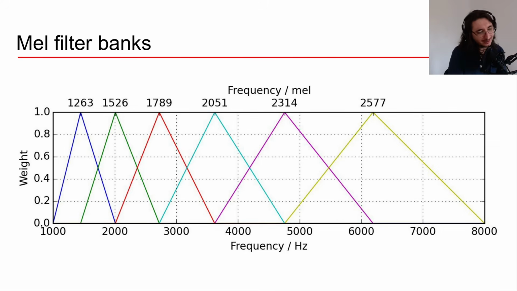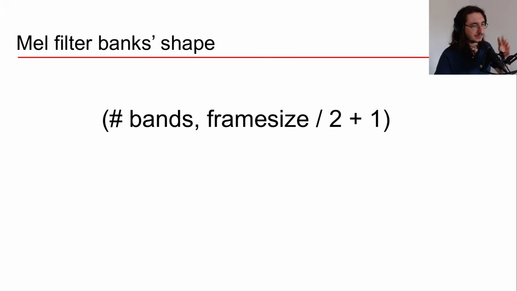And so what this means is that we can represent this Mel filter bank using a matrix, or a two-dimensional array. The shape of this matrix is going to be like this. The number of rows in a Mel filter bank is equal to the number of bands that we chose. In our example, it's going to be equal to 6, so 6 rows.